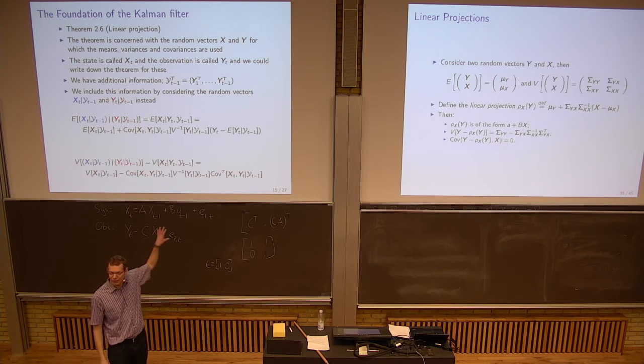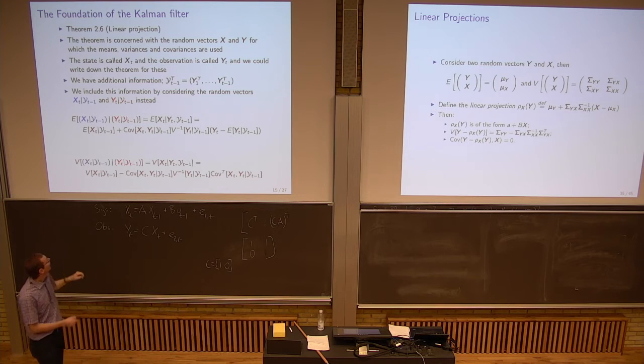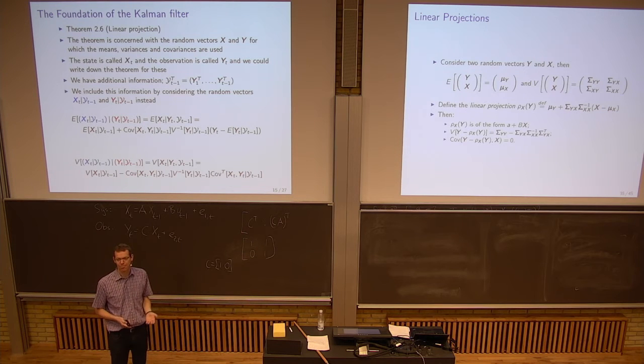So what we've written here is just the linear projection theorem from the very first lecture, where everywhere there's added a condition on all the previous y's. We did that also in one of the first lectures.